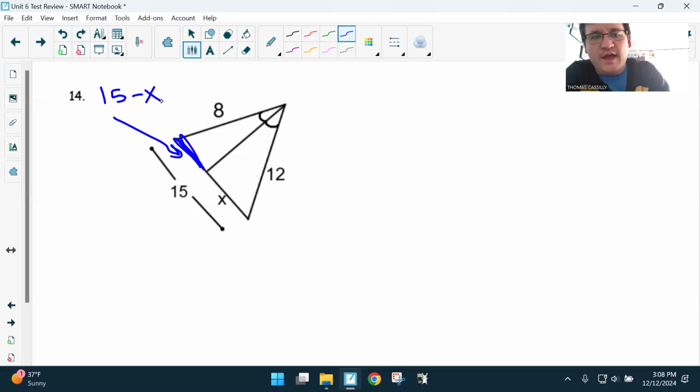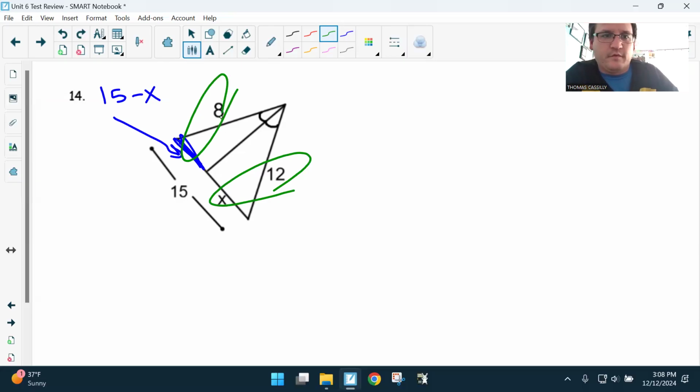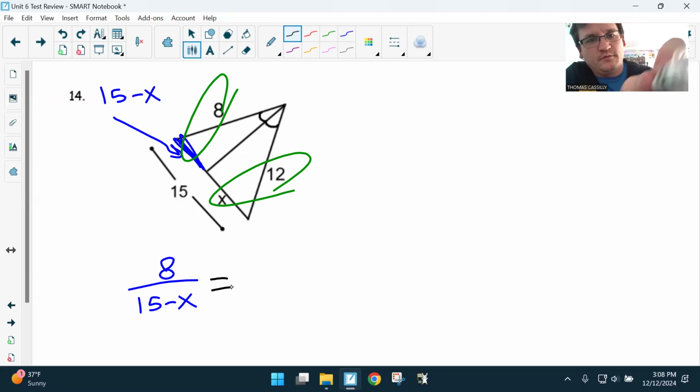minus X. And that's going to make life a lot easier because now I can compare these two and those two. So I can say 8 divided by 15 minus x is going to be proportional to 12 over x. And now we can cross multiply.